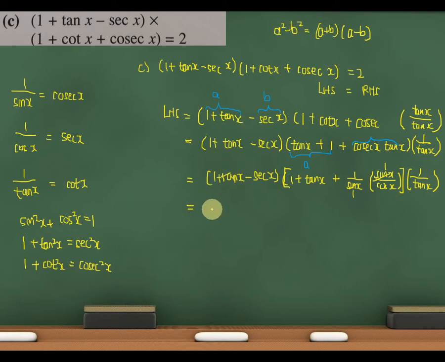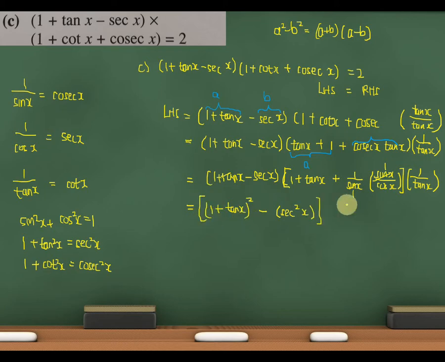So since this is my a, a square minus, okay, this and this are the same. If you need time, pause, rewind, compare, work it out on a piece of paper. It's a must to practice this. Secant square x.